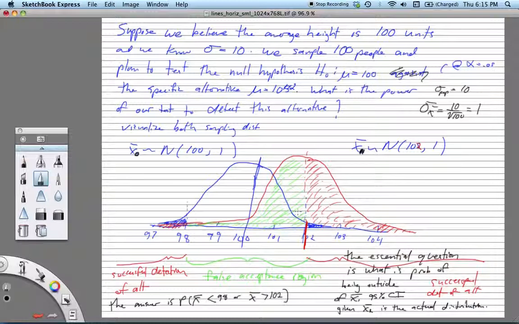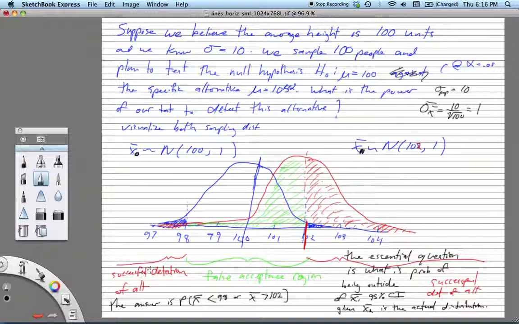Okay, so I think I've done an okay job of drawing that here. Basically, if you're outside of 102 to 98, we're going to reject. And so where that overlaps the real distribution of sample means of height is out here and over here.